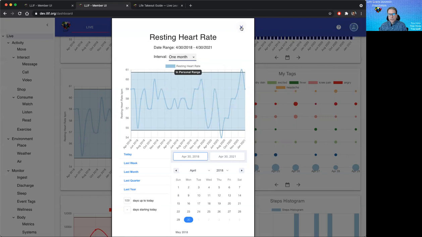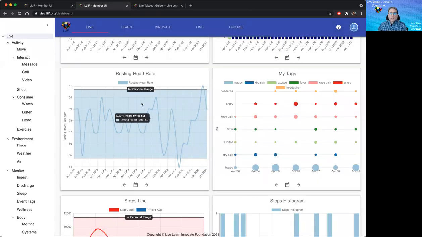I don't know if there's a larger trend across cities, but with LLIF, we would actually see that kind of trend across people anonymously in regions, or even by where they are in their latitude, right? So that's resting heart rate.